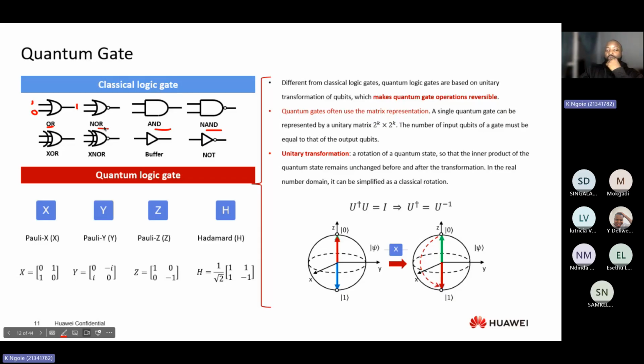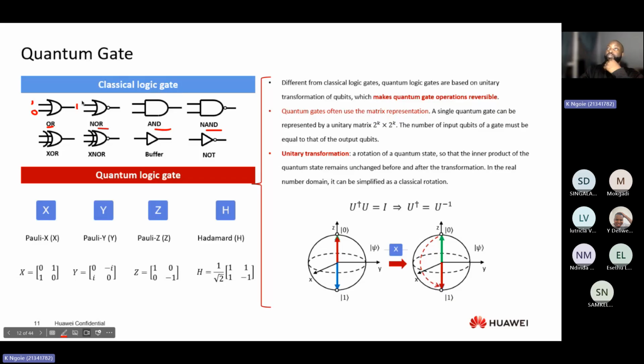Okay, so when we talk about a NOR gate, it's the opposite of OR. So it's a NOT OR, right? So what does it mean? It means that the output will be 1 only if all inputs are 0. So a NOR means that we don't have a 1.